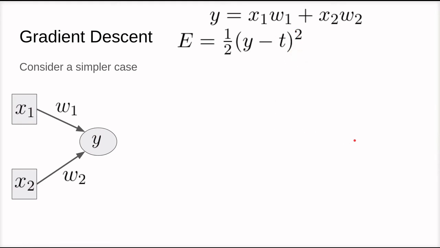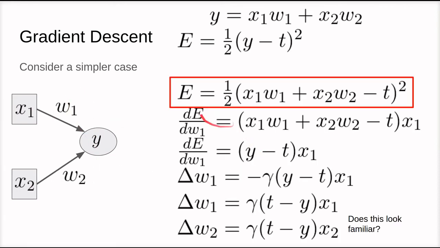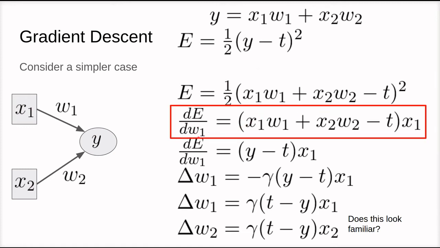So let's step through now how to do gradient descent on this network, on this error function, to find the optimal weights for this network. First, we take the energy function and we expand out the value of the parameter y to just explicitly be the weighted sum of the inputs. Next, we take the derivative with respect to weight 1, and we're going to do weight 1 first.